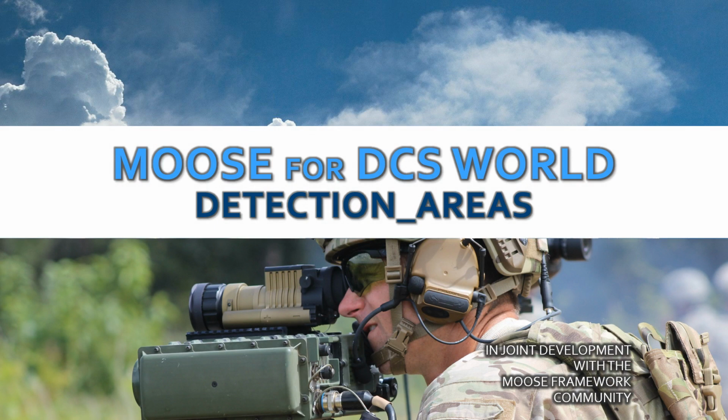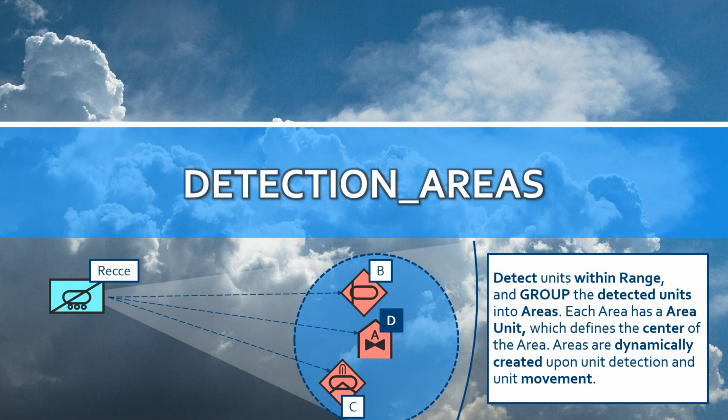Detection areas is the most complicated, and I think right at the moment the most fancy and nice detection method algorithm, but it also has its disadvantages, I must say. Detection areas will dynamically define zones, so it will detect the units and create groups of units within a certain range that has been specified dynamically. It will say which is the center unit of that group, of that area, and then it will add the other units that are within that area to that detected item list.